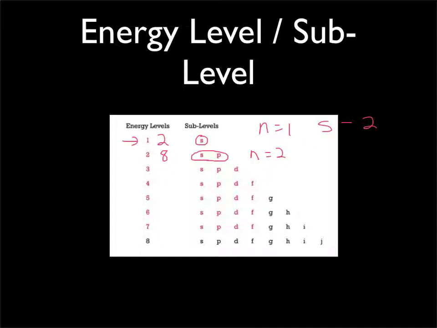The S can hold 2 electrons. The P sublevel can hold 6. 2 and 6 are the 8 that we had. In the third level, you can have 18. You've got S, P, and D. S can hold 2, P 6, and D can hold 10.